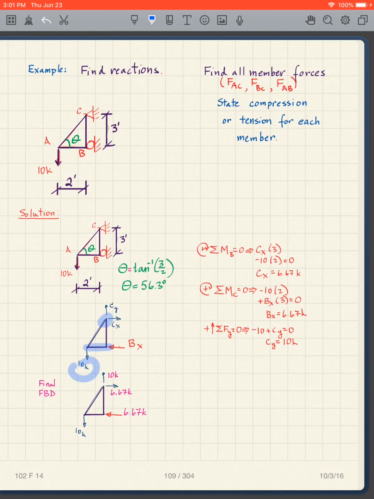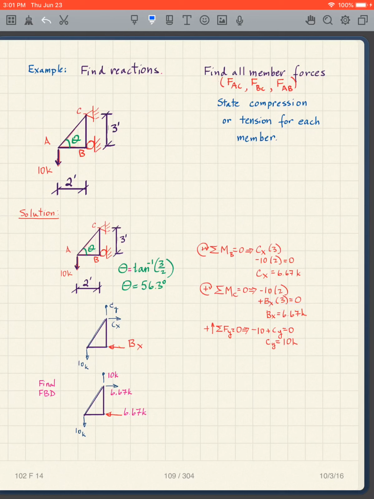This is going to be clockwise, so it's plus. This is counterclockwise, so it's minus. Minus 10 times 2 plus BX times 3. I get BX is equal to 6.67.